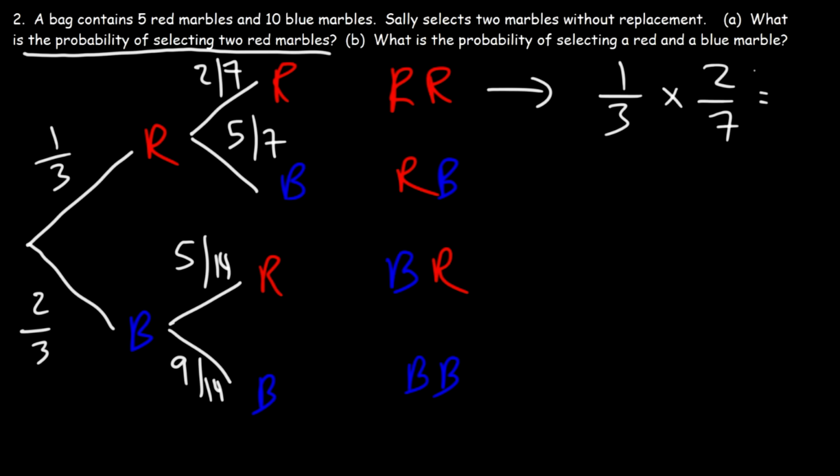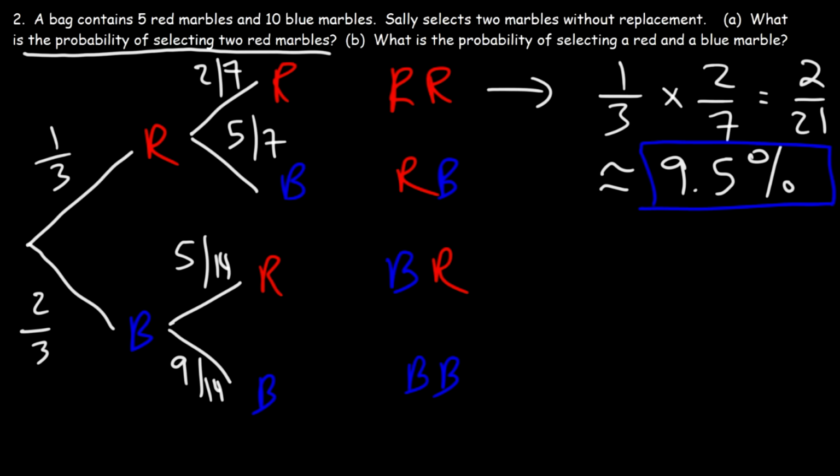So we need to multiply those two numbers, and this becomes 2/21, which is like 0.095238. So we could say it's approximately, there's a 9.5% chance of getting 2 red marbles. So that's the answer for part A, or the approximate answer.